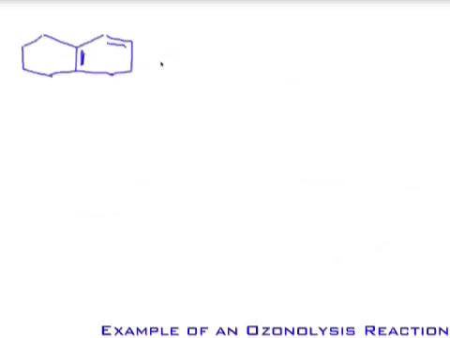And what if you said I hit this with ozone and then with zinc? What's nice about the zinc is it tells me immediately I don't have to worry about the hydrogens off the double bond.